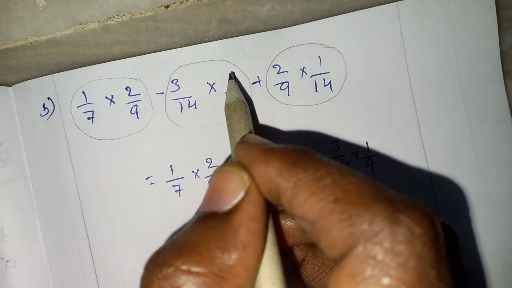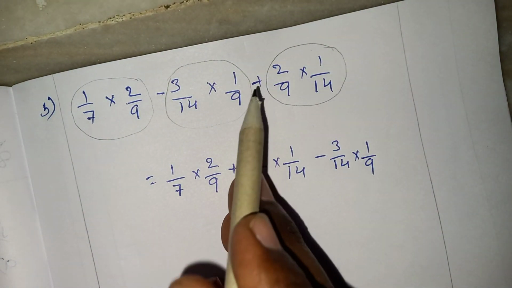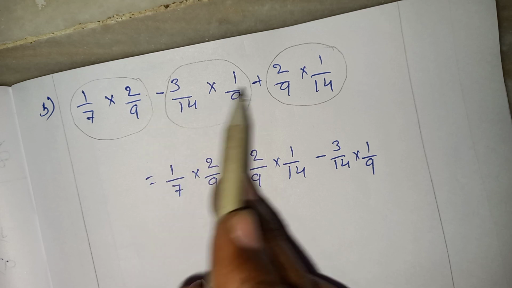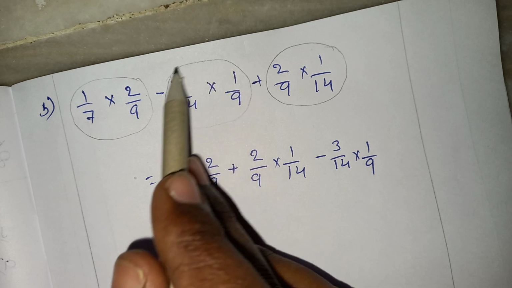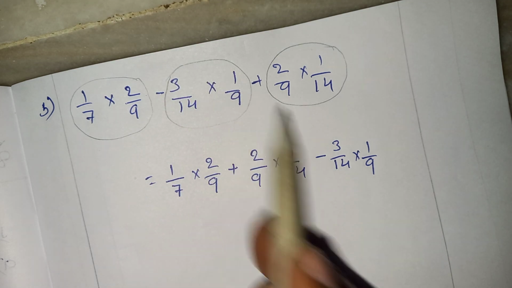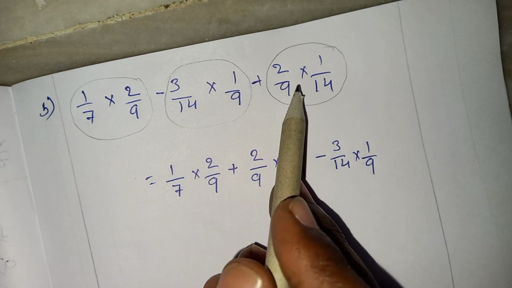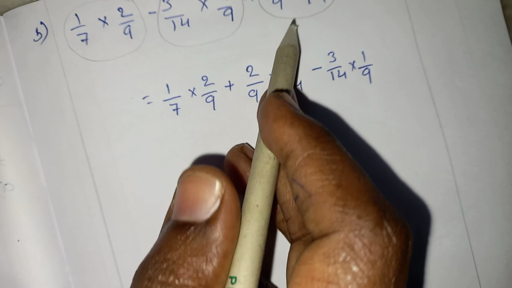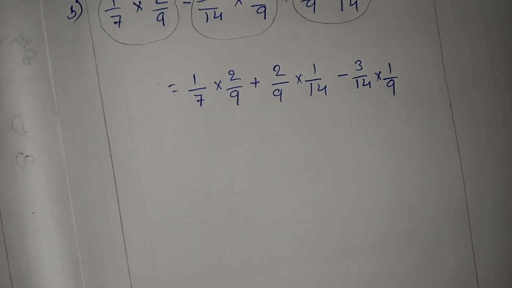Without multiplication, you should not do subtraction or addition. Okay, first you have to do multiplication, then only you can do subtraction or addition. That is the reason I am moving this complete number as a separate number. This is one number, this is one number, and this is one number. Okay, and these two are positive numbers, and the middle one is a negative number.